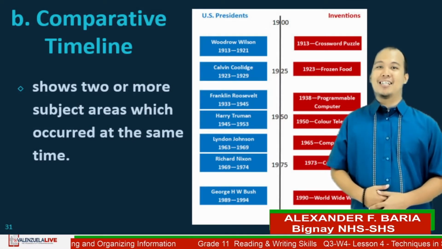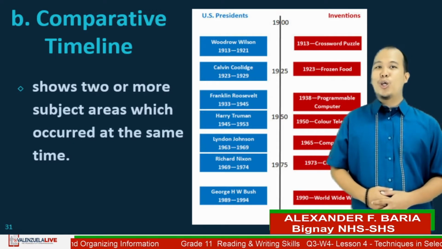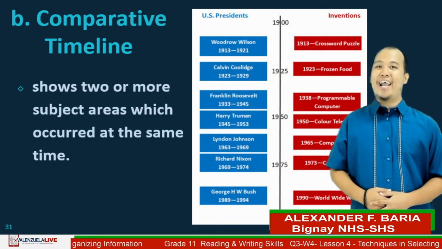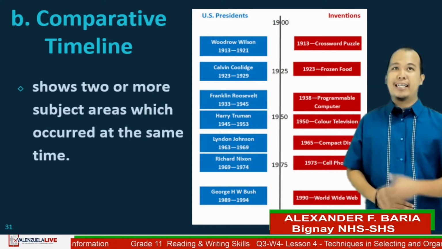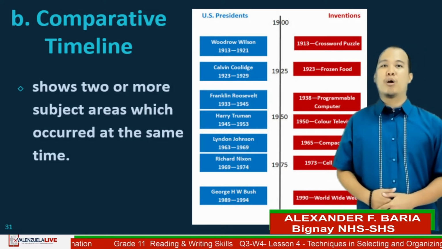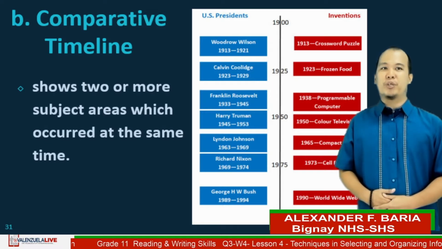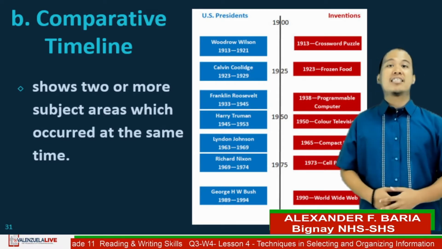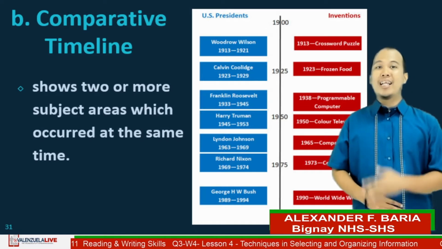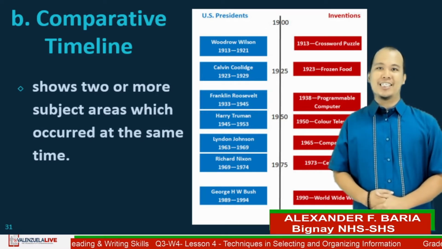Comparative timeline, on the other hand, shows two or more subject areas which occurred at the same time. The example of it is presented here. It shows the US presidents' leadership regimes in line with the dates of inventions. These are good examples, with years arranged chronologically as well.